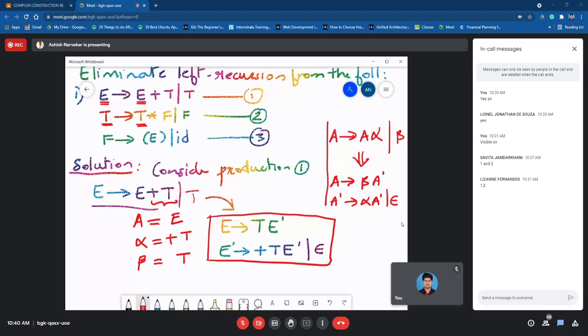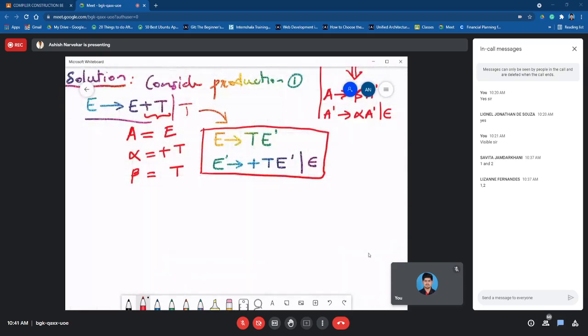Okay. So here what we got is a non-left recursive set of production rules for E derives E plus T or T. Okay. Then we consider the second production rule, that is production 2, which is T derives T star F or F. So again we can see that there is left recursion because this is repeating.